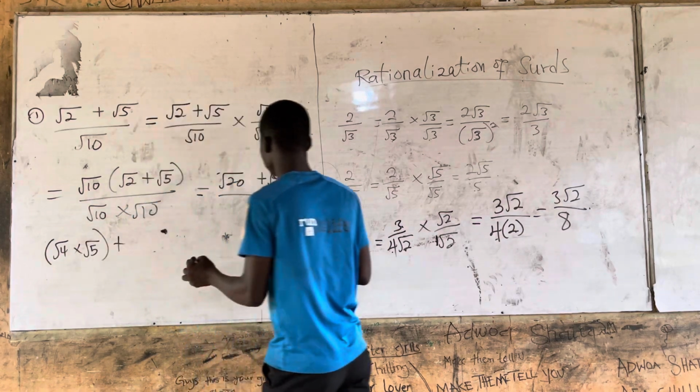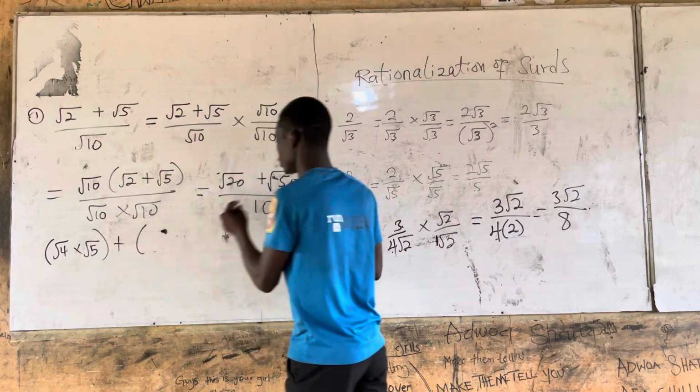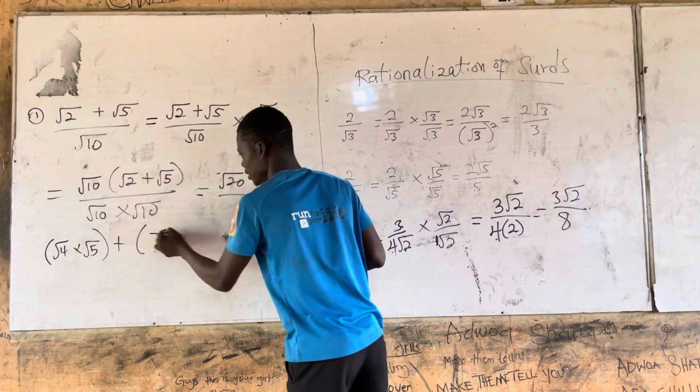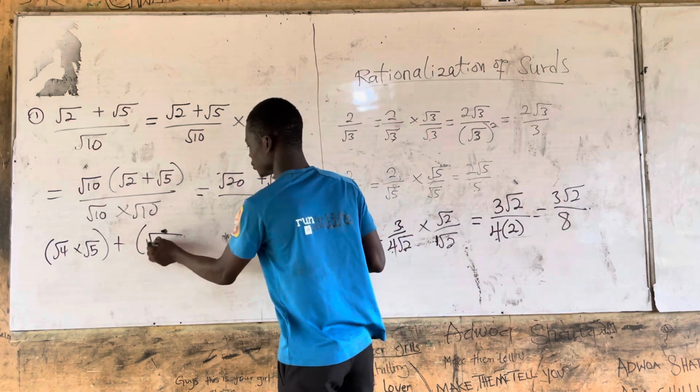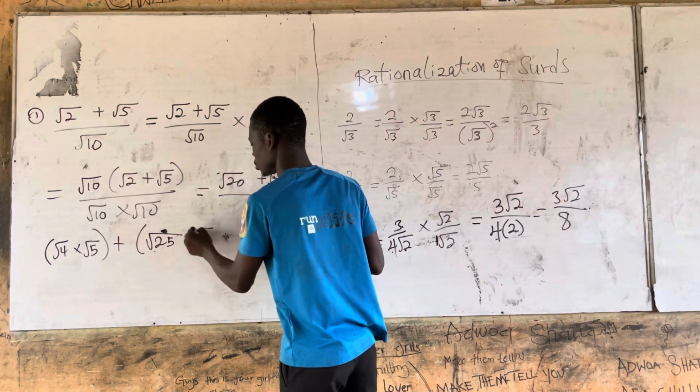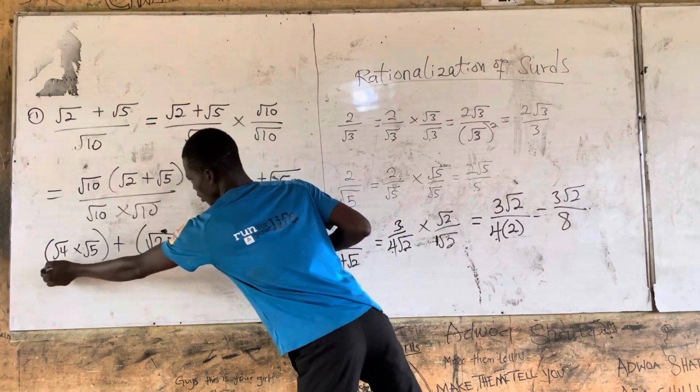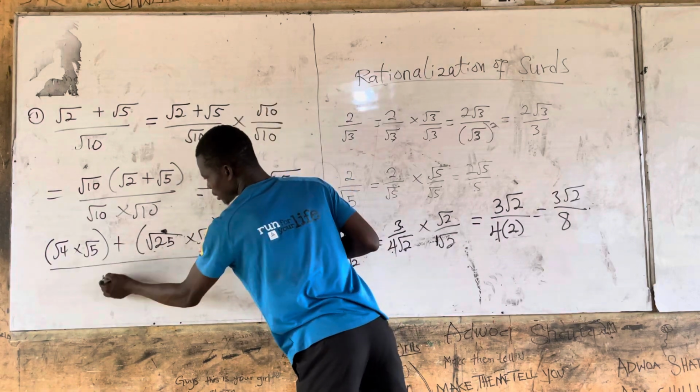Then plus the root of 50. The highest perfect factor of 50 is what? Root of 25 times root of what? 2. All over 10.